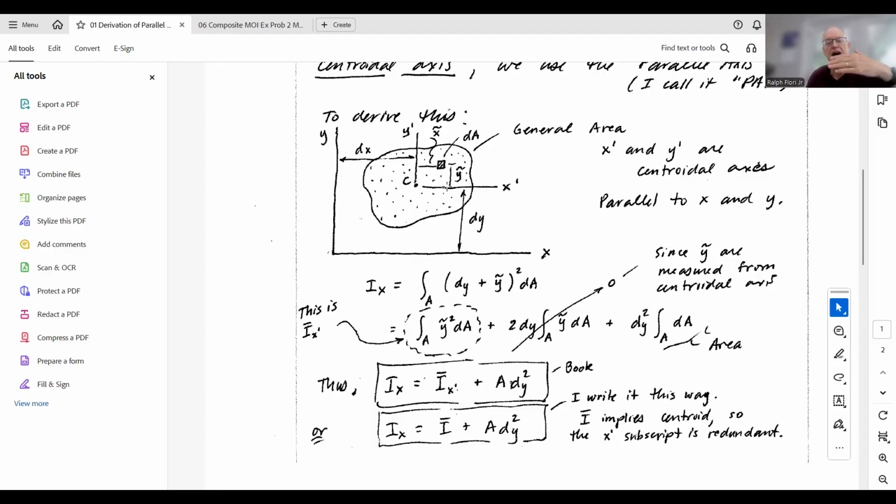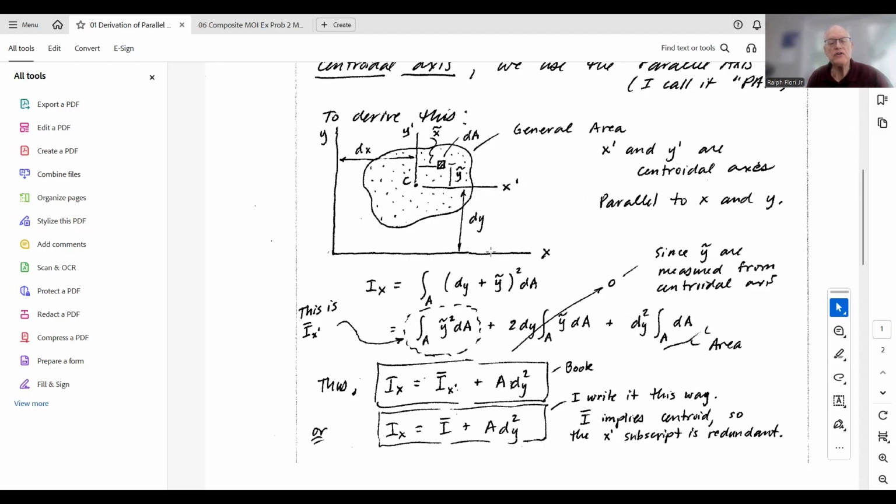The area above that axis gives a positive y dA, and the area below that axis gives a negative y dA, and so the entire integral becomes 0 for the entire area, by definition of a centroidal axis. So this term drops out. And the last term is the integral over the area of y tilde squared dA. Well, that's I bar x prime, about the x prime axis.